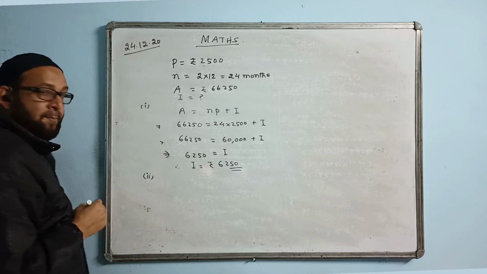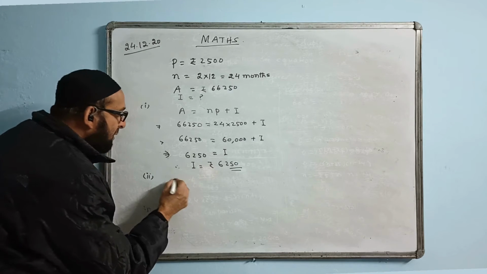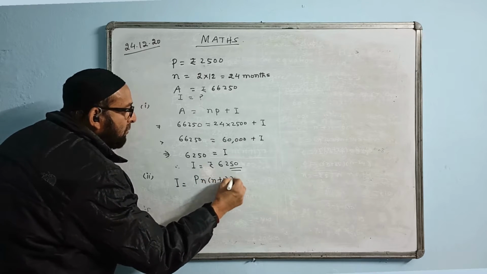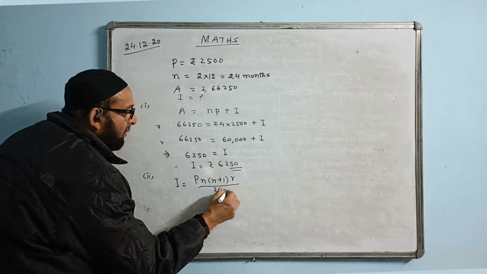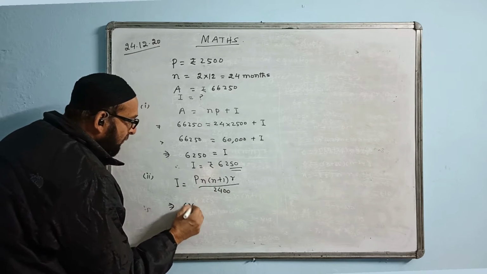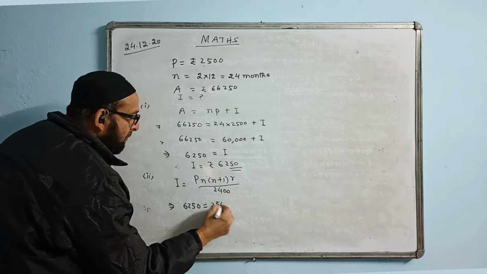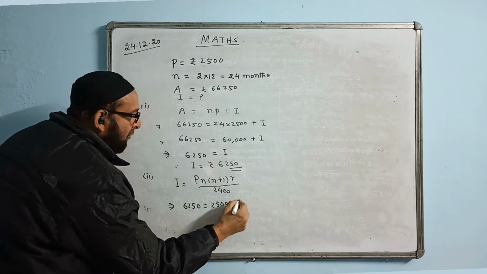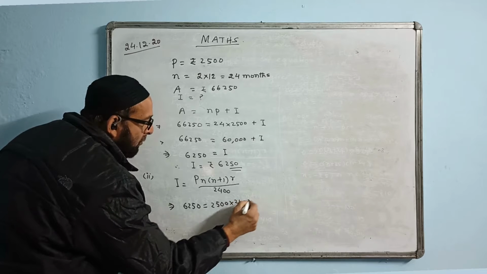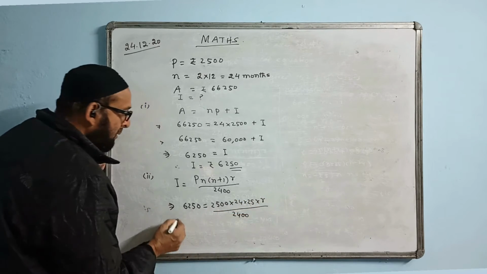Second part of the question. You have to find R, the rate. Now the interest formula will apply. The interest formula goes: I equals P n into n plus 1 into R divided by 2400. Putting the value of I: the I value is 6250. P is 2500. N is 24, and this will come one more than that: 24 into 25 into R unknown divided by 2400.